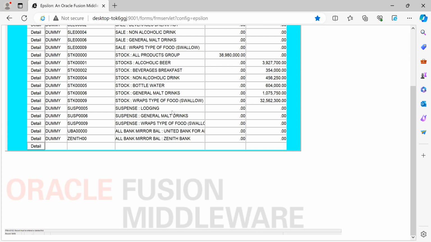So every account has been appropriately defined under this domain hotel, and that is why there has never been any entry in the suspense account, either for specific items like malt drinks or type of value, or suspense on lodging. Those are the accounts that have been defined, and for whatever reason, they have not received any entry, maybe because all necessary accounts required for transaction postings have been defined.